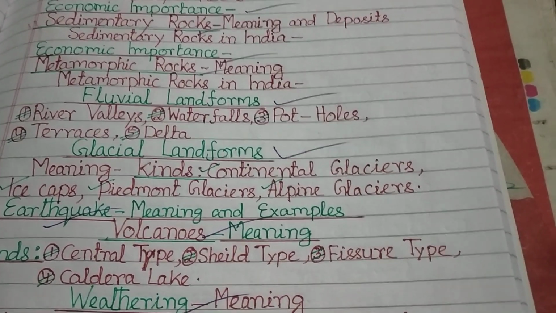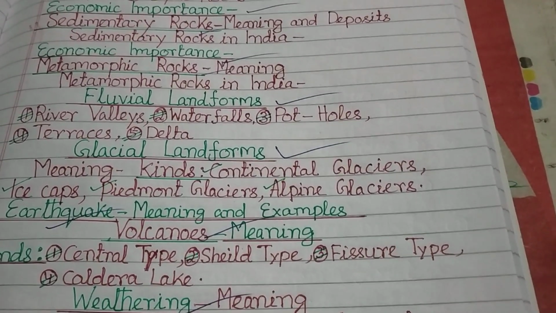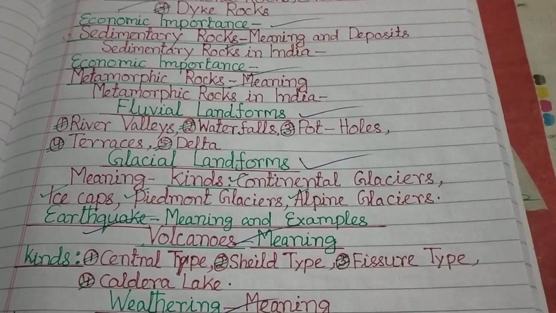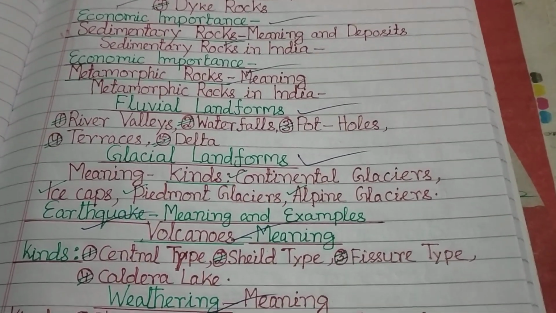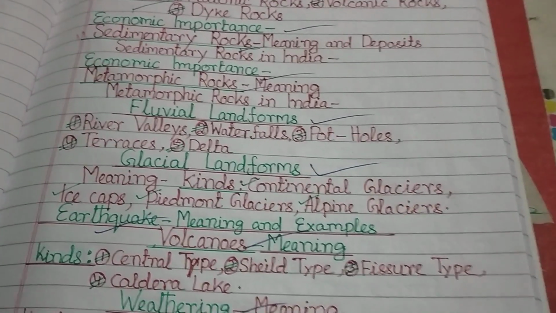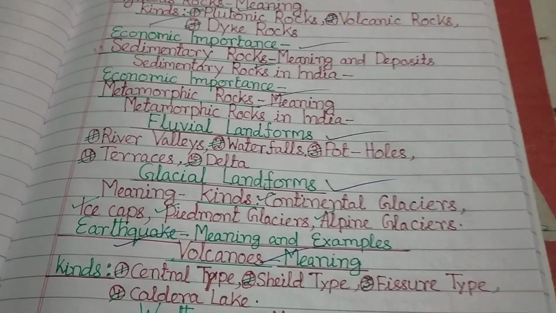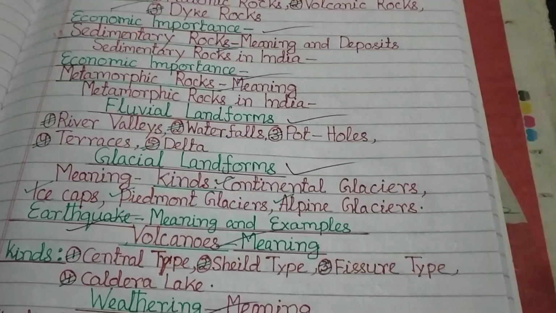Dike rocks are semi-crystalline in structure.